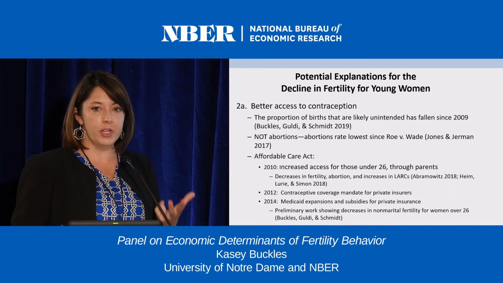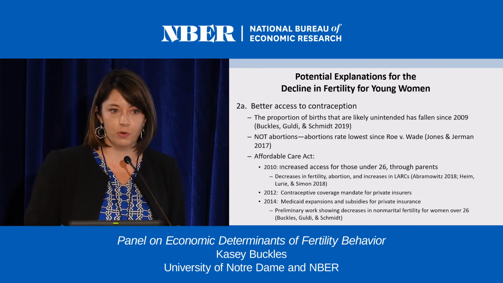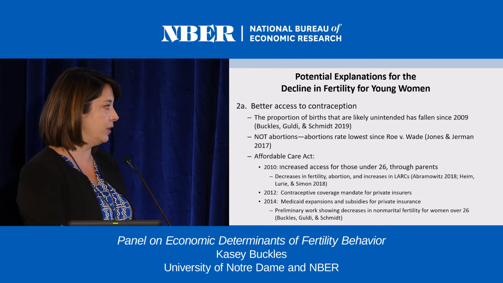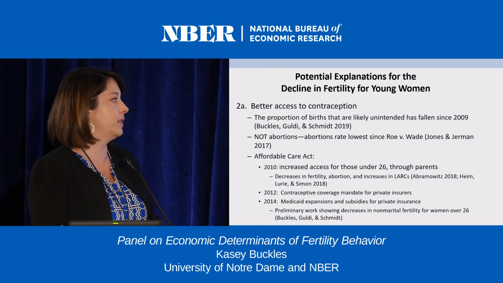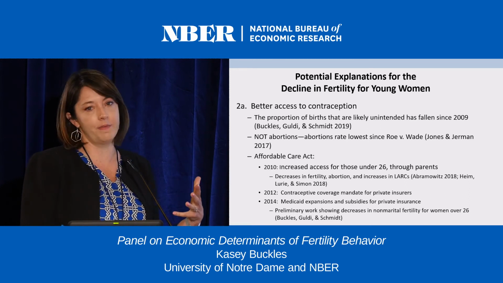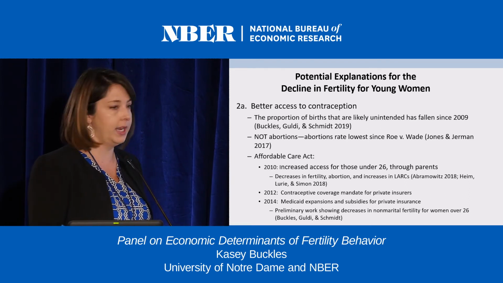Really importantly, since we're talking about young women, in 2010 the young adult provision allows women to be on the insurance of their parents, and a couple of really nice papers show that it led to decreases in fertility for women under 26. Later, access comes to other groups through the private insurance mandate and the Medicaid expansion.